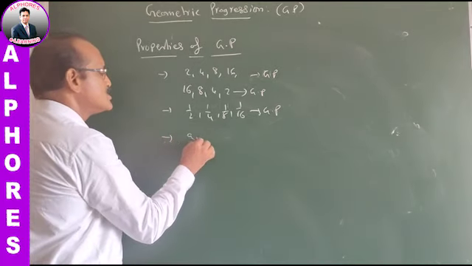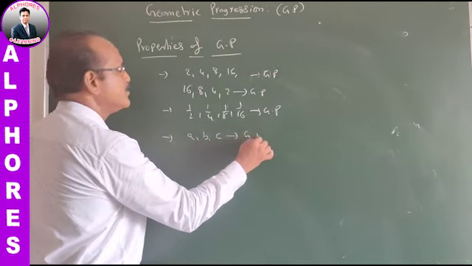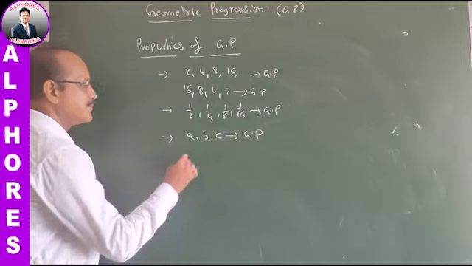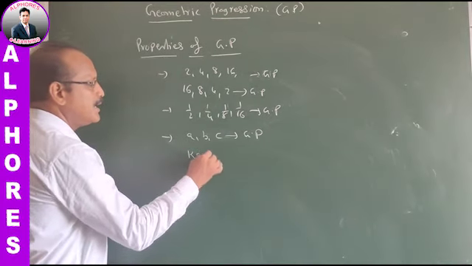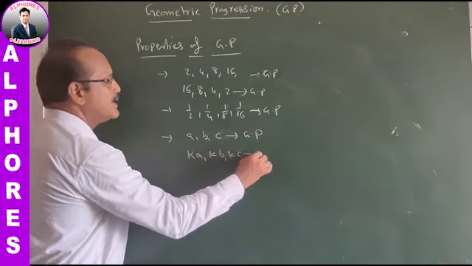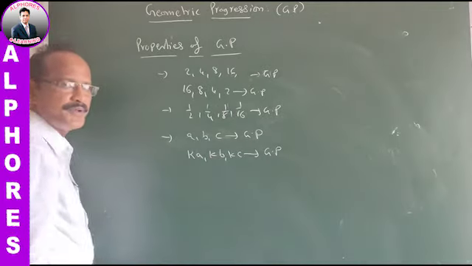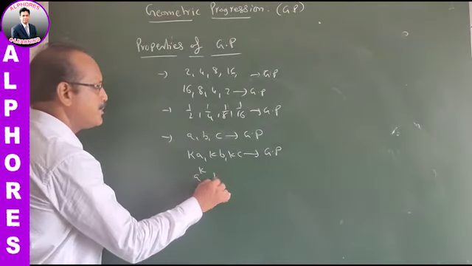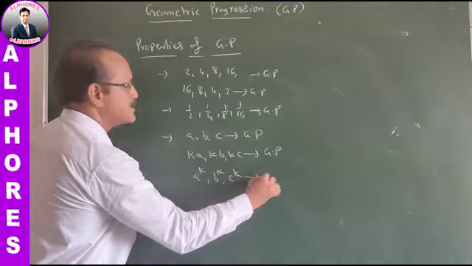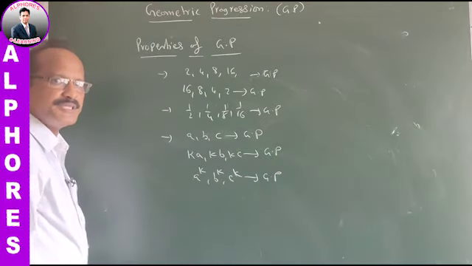Next, suppose if A, B, C are in GP, then KA, KB, KC is also in GP, or A power K, B power K, C power K is also in GP.